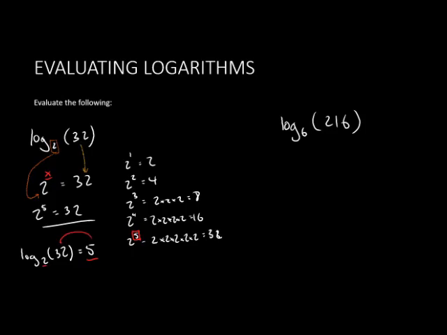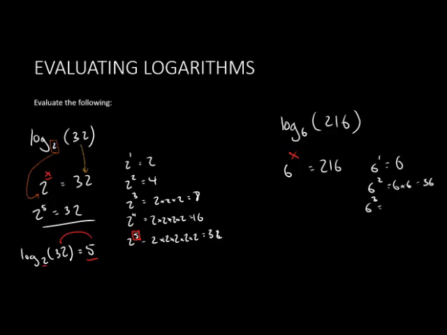We can do another example with log base 6 of 216. This is the same as saying a base of 6 raised to an unknown exponent, which we'll call x, will equal 216. 6 to the first power will give us 6. 6 to the second power is 6 times 6, which is 36.